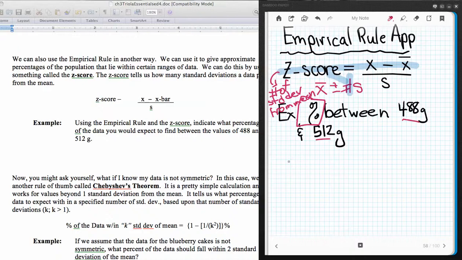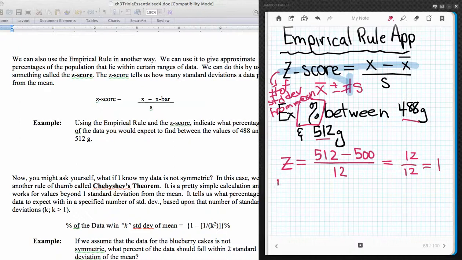So what we have is our z-score for 512. Well, 512 is our x value, our random variable, minus the mean. If we're talking about the blueberry cakes here, the mean was 500, and then divided by the standard deviation. And for the blueberry cakes, this is 12. So what we have is 512 minus 500, which is 12, and that's divided by 12, and this is 1.